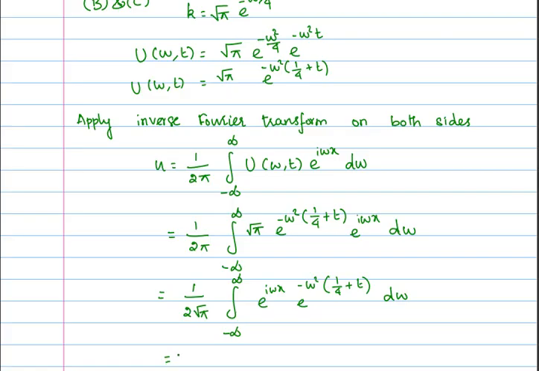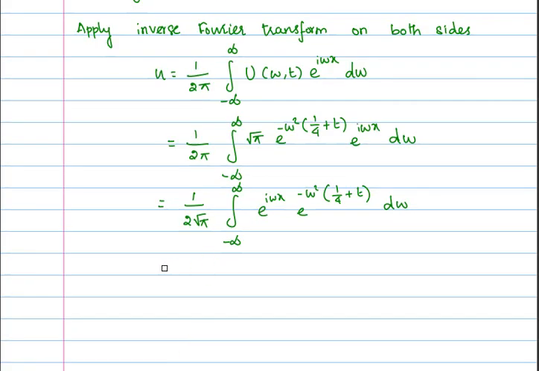So I will club the exponential terms. I will take 1 by 4 plus t as a, and ix as b, just for notation, because these are constants.